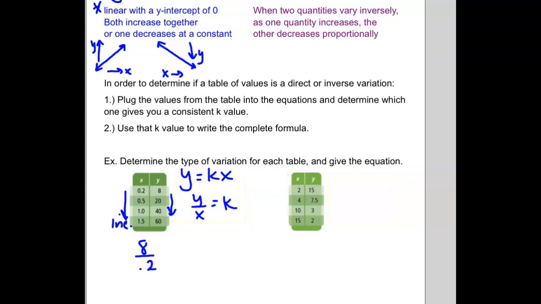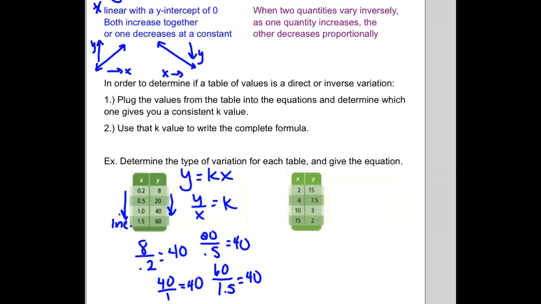That's the same as 80 divided by 2, which would be 40. If we take our second example, our y value is 20, we're dividing it by a half. That's going to get us 40 as well. Our third example, we have 40, we're dividing by 1, which is obviously 40. And our last one, we're taking 60 divided by 1.5, and that is also 40.